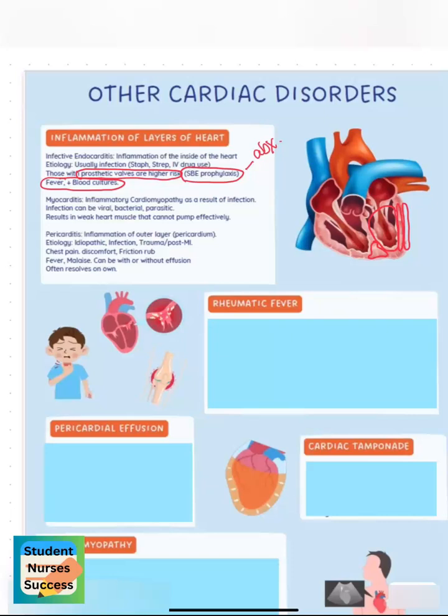This infection weakens the heart muscle, and because this layer here is really the heart muscle itself, it weakens the heart's ability to pump. And so you really start to see a decrease in cardiac output and ejection fraction. Infections can be caused by viruses, bacteria, or they can be parasitic in nature.